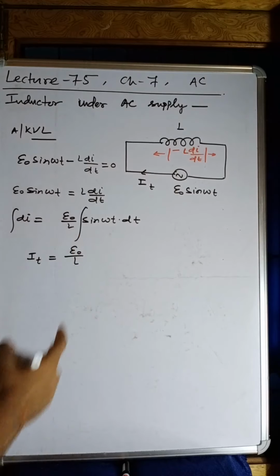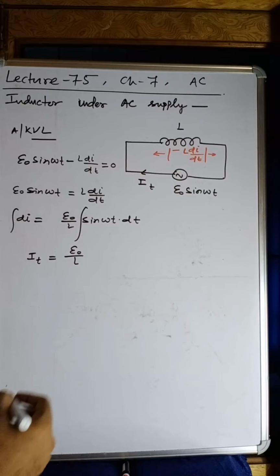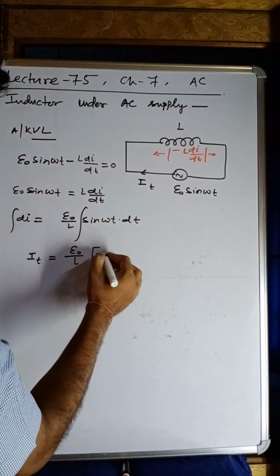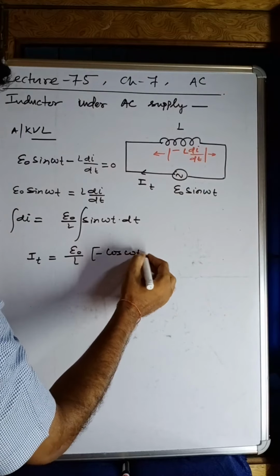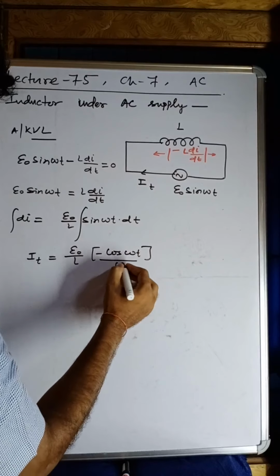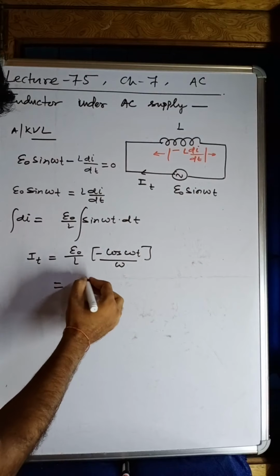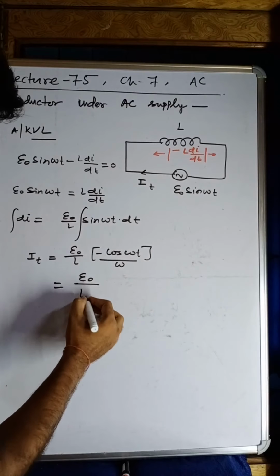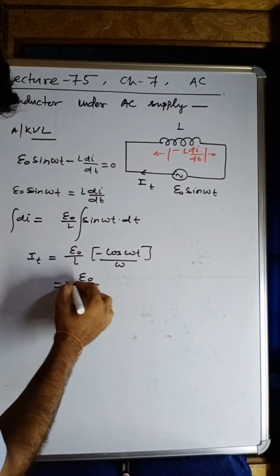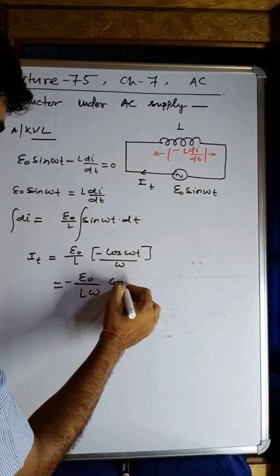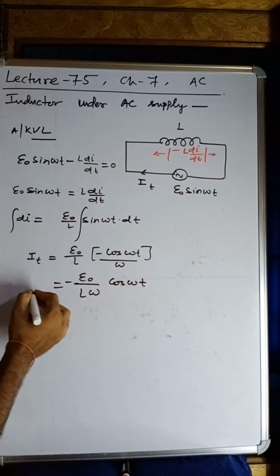So the integration of sine will be minus cos omega t divided by omega. We can write E naught by L omega, minus also there, cosine omega t.